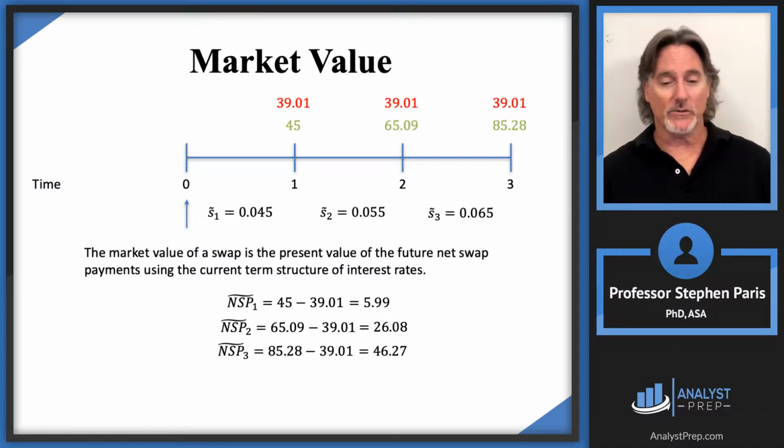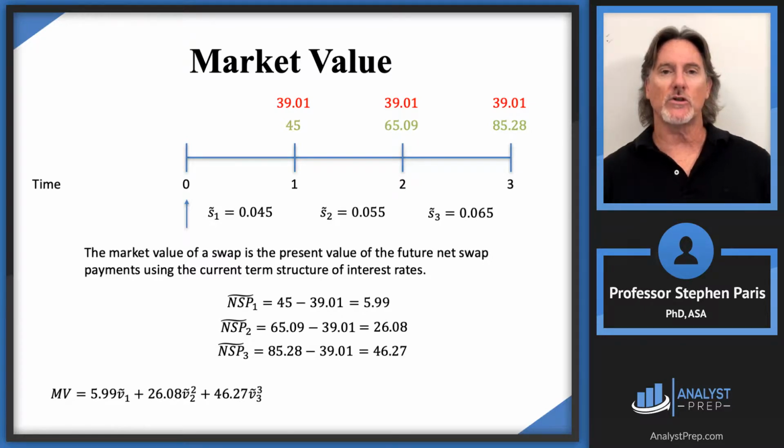And we can capture numerically how good that position is by calculating the market value of the swap at this time. The market value is going to be the present value of these net swap payments. The $5.99 is paid at time 1. The $26.08 is paid at time 2. The $46.27 is paid at time 3. So you have to discount those values using the new discount factor.